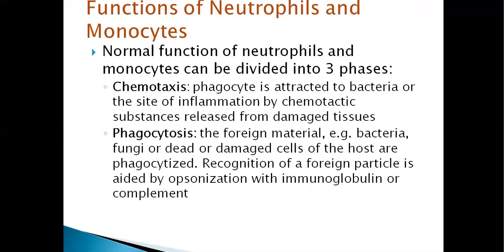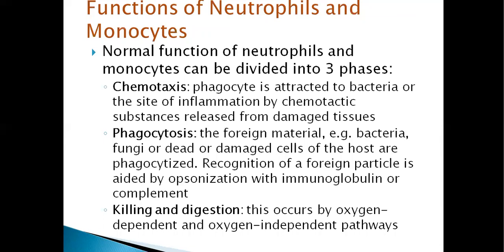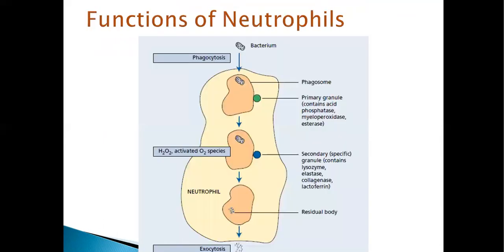Phagocytosis: foreign material, for example bacteria, fungi, parasites, or dead or damaged cells of the host, are phagocytosed. Recognition of the foreign particles is aided by opsonization with immunoglobulin or complement. Killing and digestion occur by oxygen-dependent and oxygen-independent pathways.